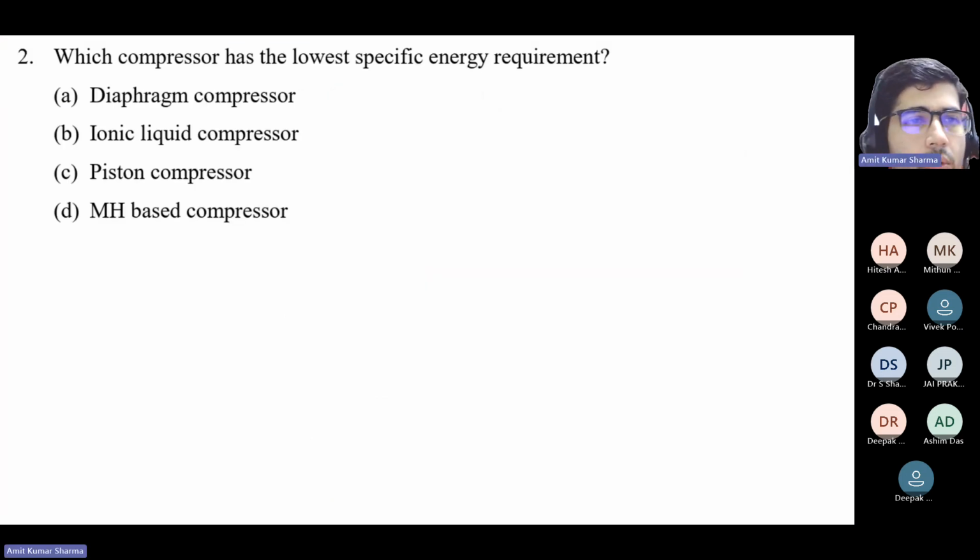Question number 2. Which compressor has the lowest specific energy requirement? Diaphragm compressor, ionic liquid compressor, piston compressor, or metal hydride based compressor.